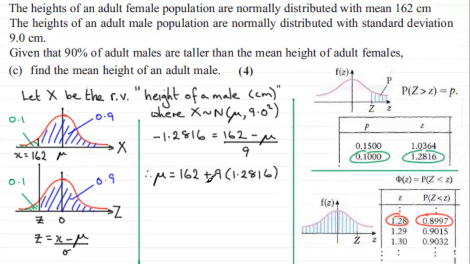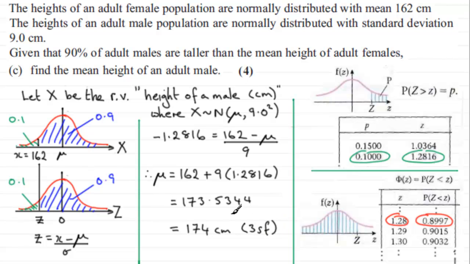Work that out, and what do you get? You get 173.5344. And if we give this to 3 significant figures, then this will be 174 centimeters to 3 significant figures.